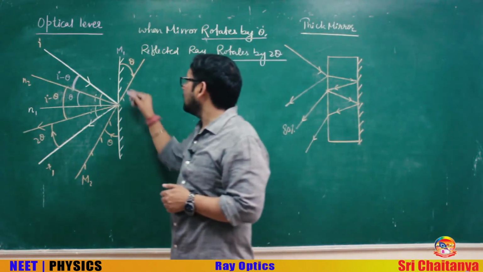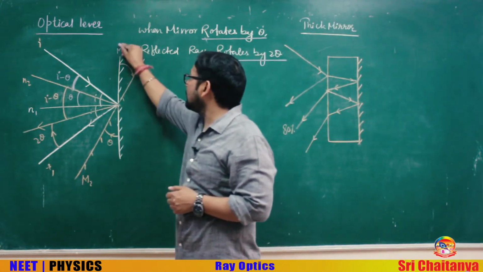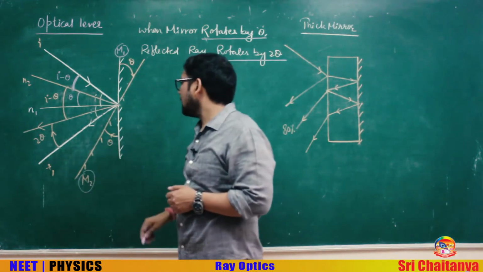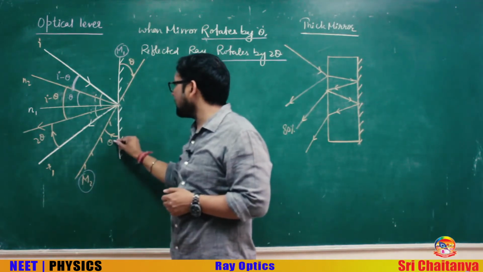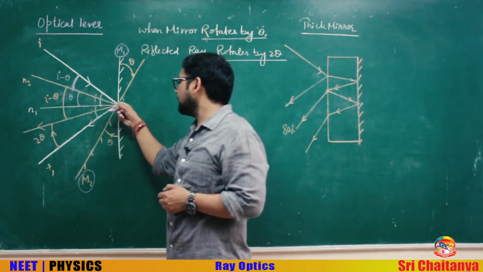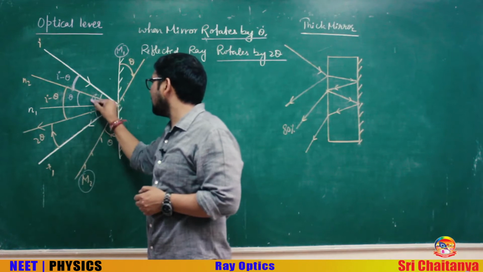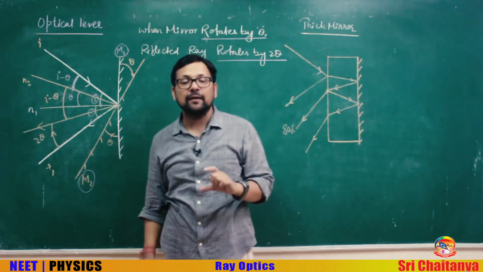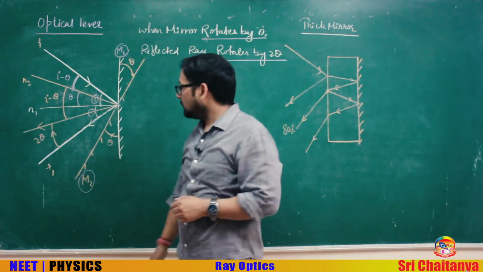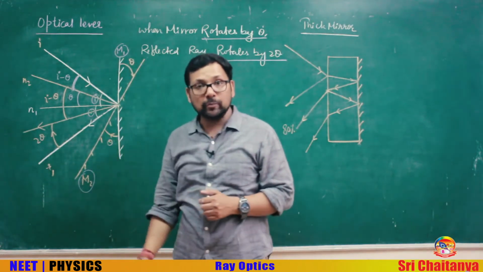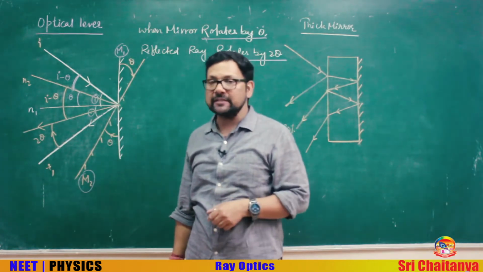See, in white we can see the first mirror, and in this color we can see the second mirror. And the mirror has been rotated by theta. So this was the incident ray and this was the reflected ray. You can see i and r are equal because of the law of reflection. Now when you rotate the plane mirror, the normal will also be rotated by the same amount.